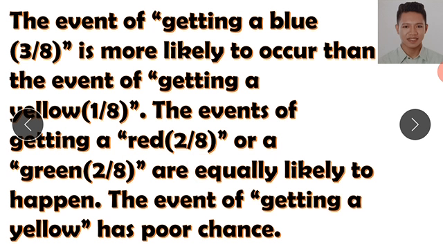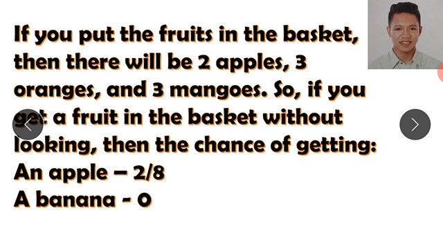Next, the event of getting a yellow has a poor chance. Why a poor chance? Because yellow has the least probability, which is 1/8.